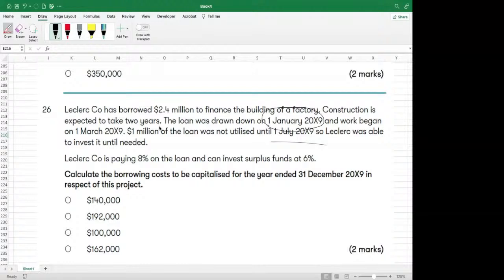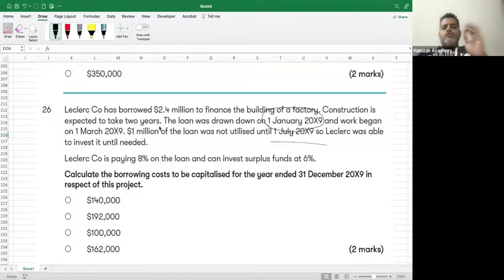But if I look from this point of view, it is nowhere mentioned in the question that the 2.4 million of the loan that we got was straight away invested. Point number one. So we cannot take the whole interest on that 2.4 million for January and February as well.